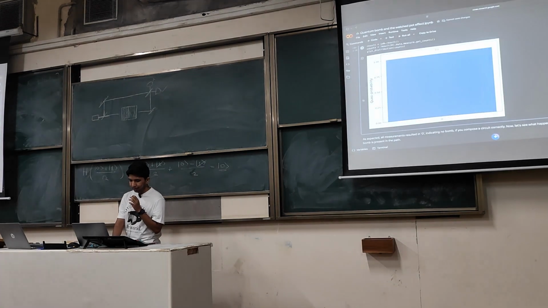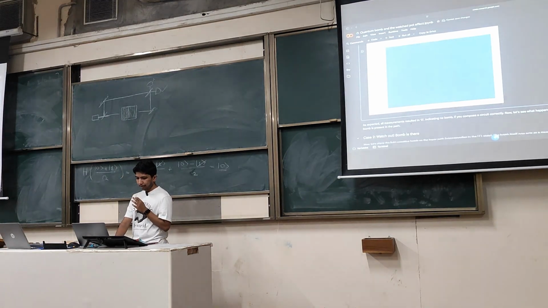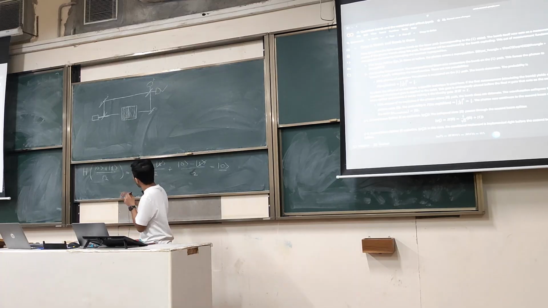Right, so this is what you saw before. In the case that there is no bomb, you definitely get an answer of 0. But what if there is a bomb? Now what happens?